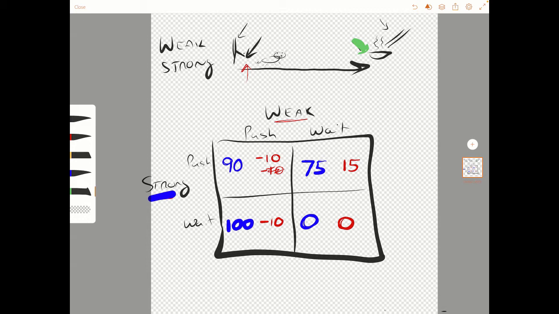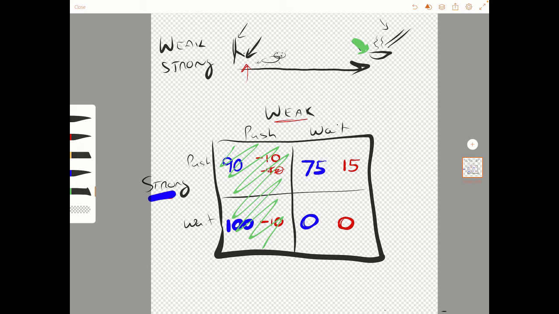Okay, so what's going to happen here? What's the dominant strategy for these two pigs? Let's take a look at the strong pig first. Does the strong pig have a dominant strategy? Let's see. If the weak pig pushes, then the strong pig should wait. He would get 100 over 90.